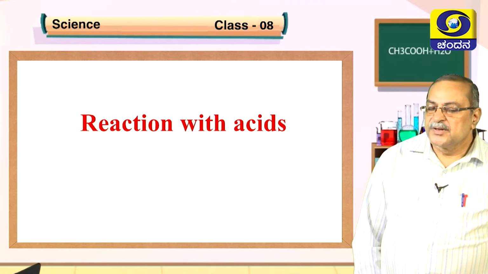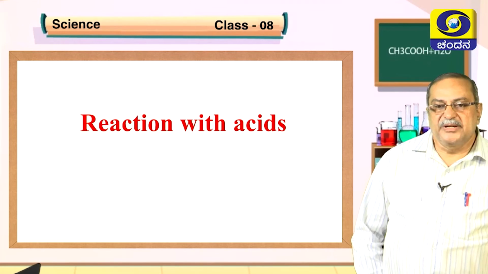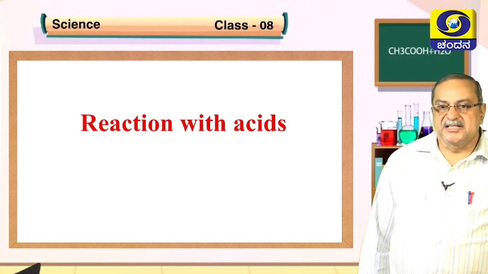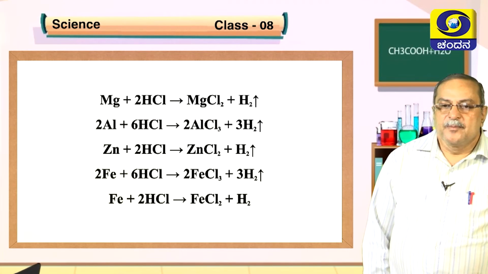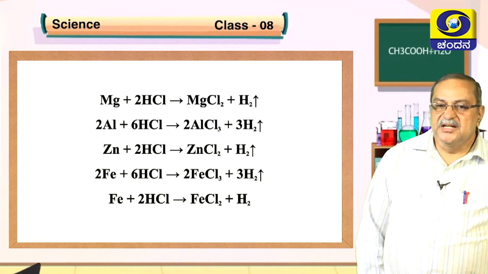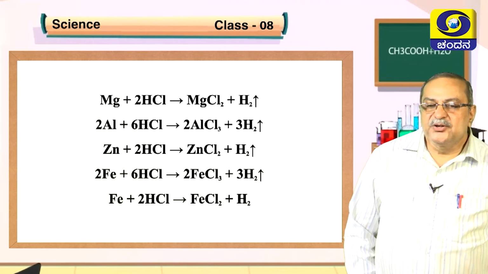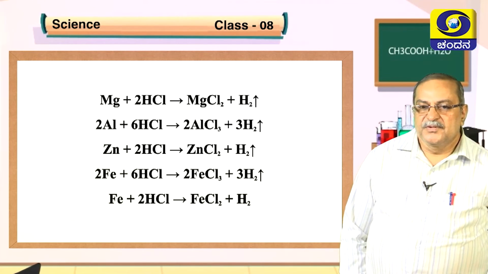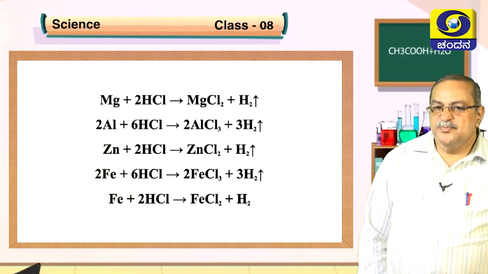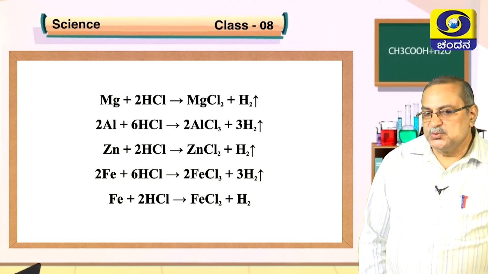Next we go for reaction with acids. How will metals react with the acids? See, magnesium, aluminum, zinc, iron, etc. When we add hydrochloric acid, Mg plus 2HCl gives MgCl2 plus H2.